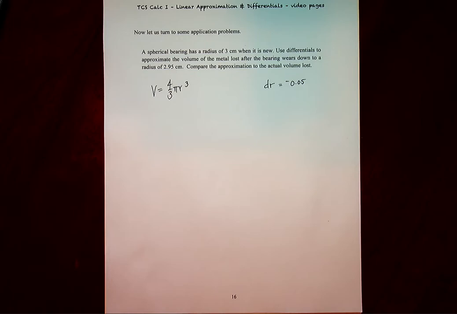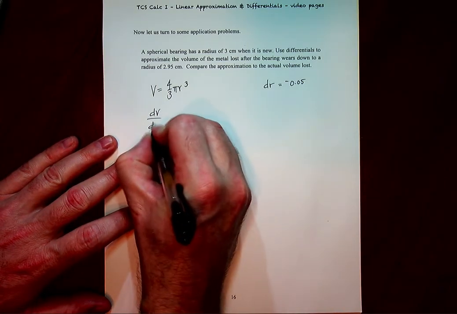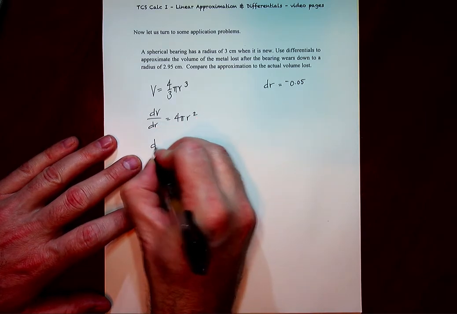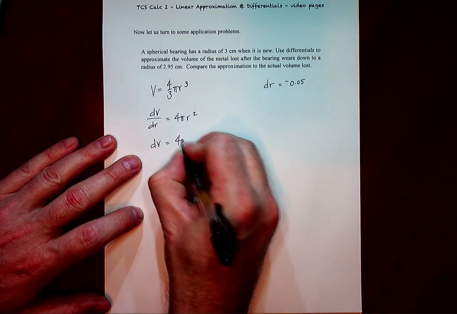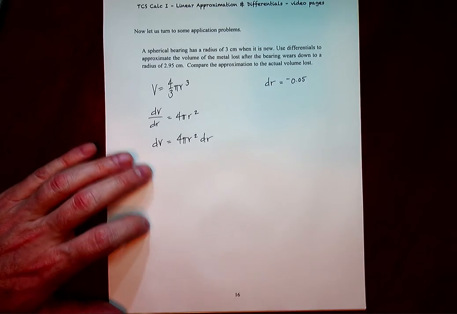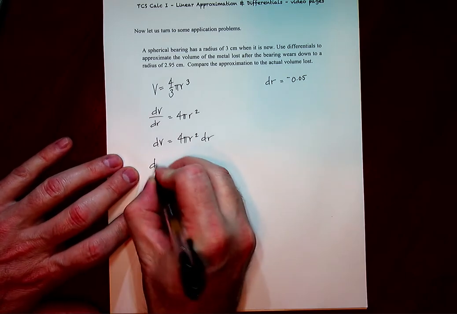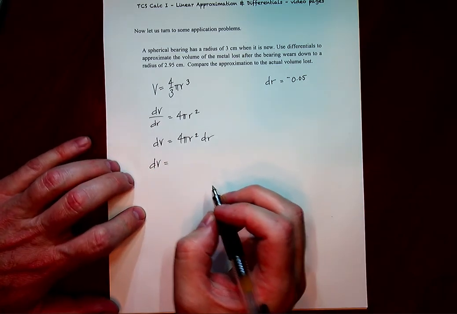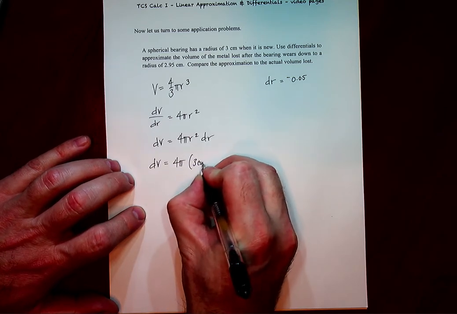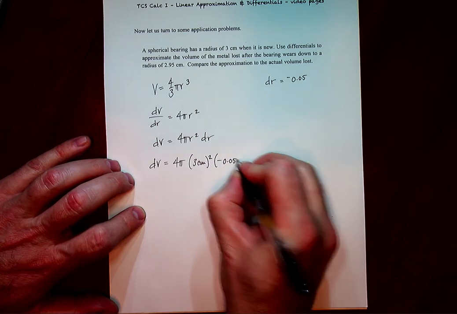Now we happen to know that if I differentiate this, dV over dr is going to be 4 pi r squared, and my dV is going to be 4 pi r squared dr. Now, which r? Well, the original r, 3. And so your approximate change in volume is 4 pi times 3 centimeters squared times negative 0.05 centimeters.